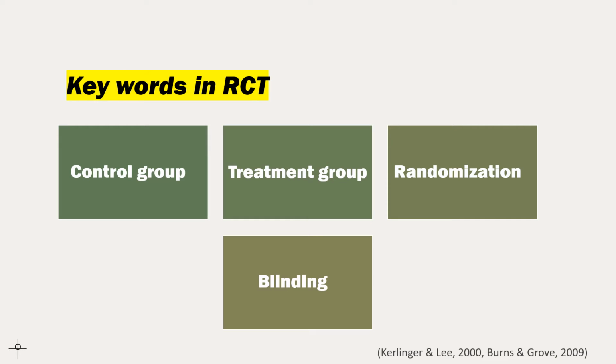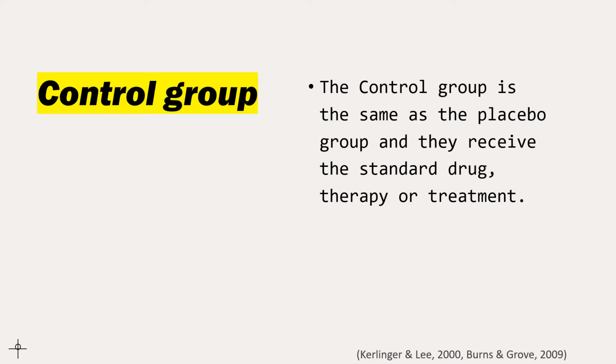There are several keywords in RCT: the control group, the treatment group, randomization, and blinding. We'll go further in depth into these keywords. Let's take a look at the control group. The control group is the same as the placebo group, and they receive the standard drug, treatment, or therapy.